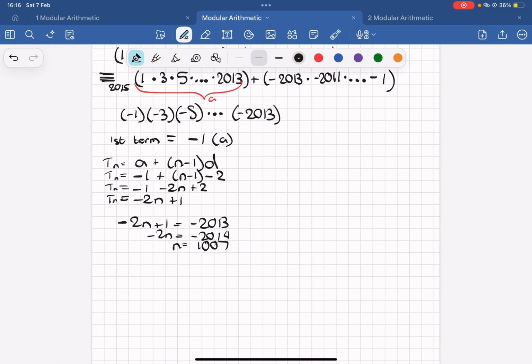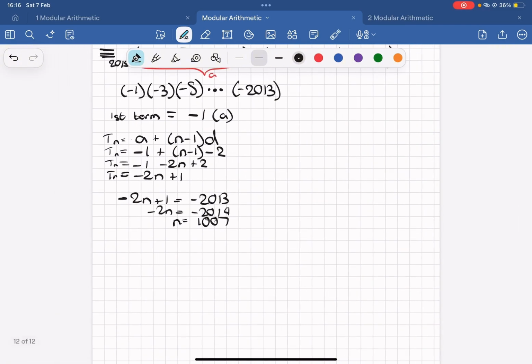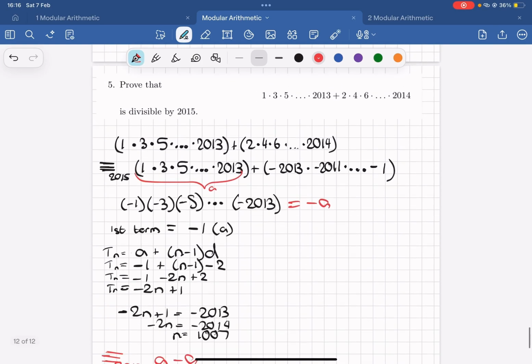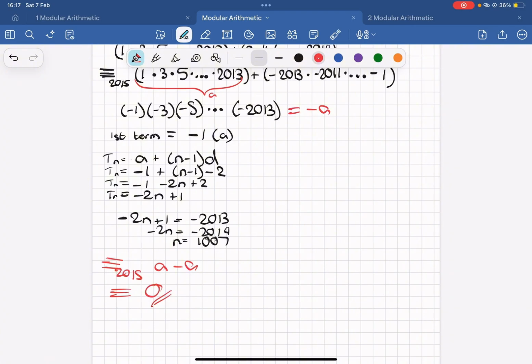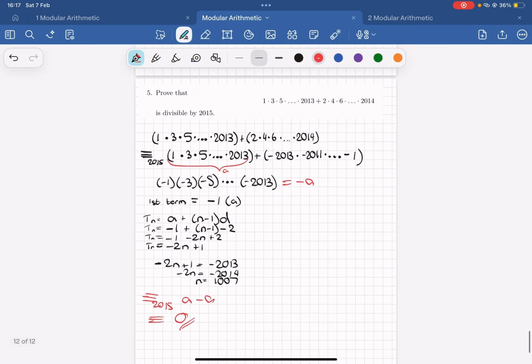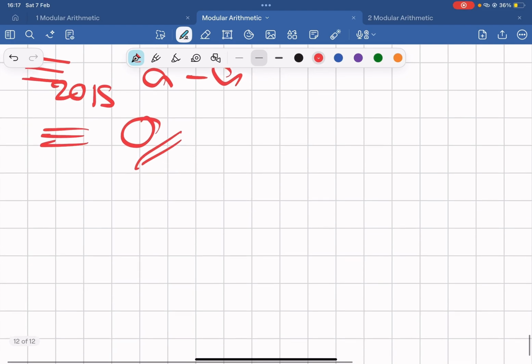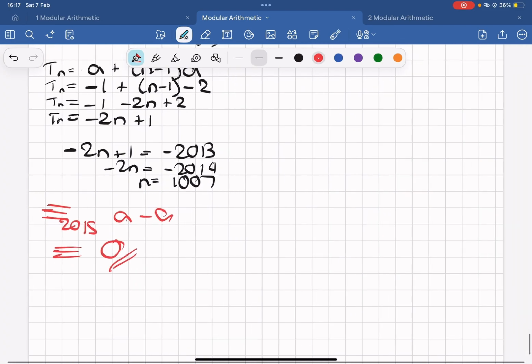So we know that there's an odd number of terms, meaning that this sequence here equals minus A. So that works out quite nicely, because we know that we have A minus A, which is congruent to 0 mod 2015, and therefore we have shown that this number is divisible by 2015, as we are left with the fact that it's congruent to 0 mod 2015.